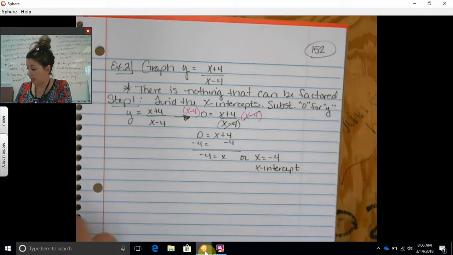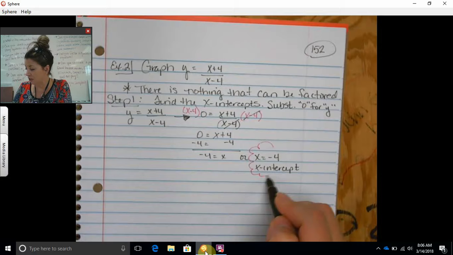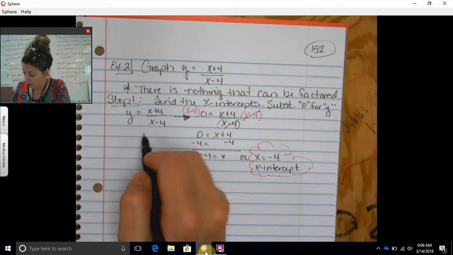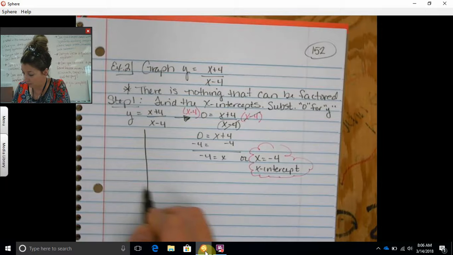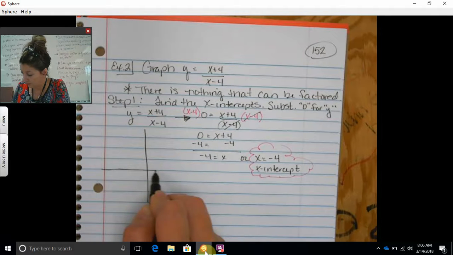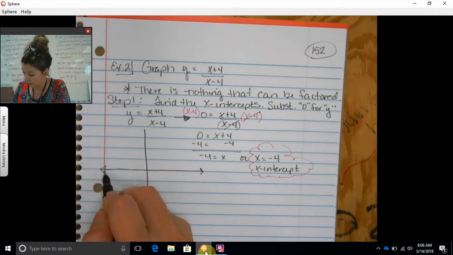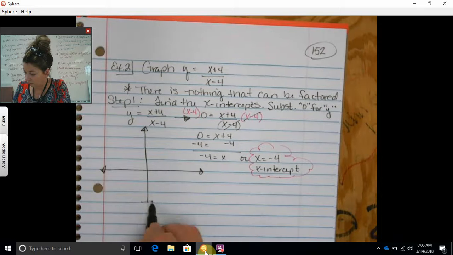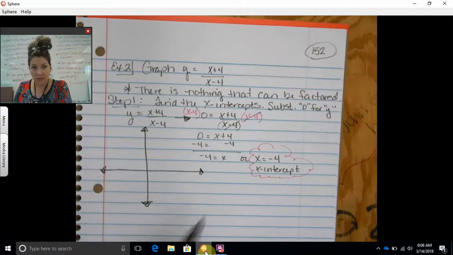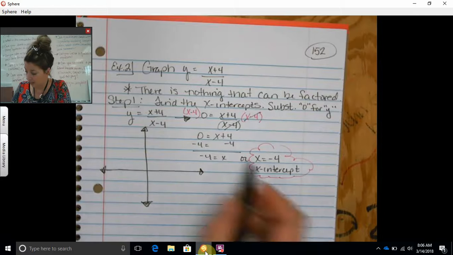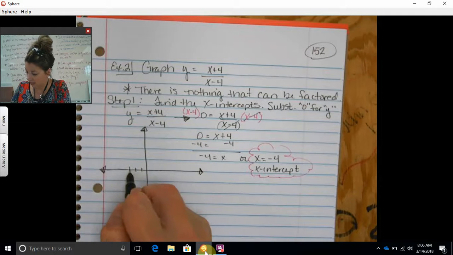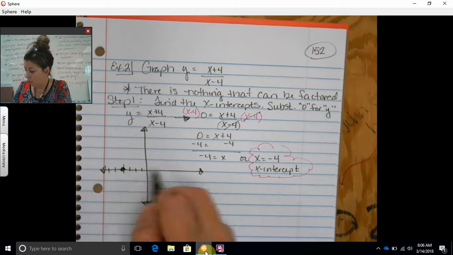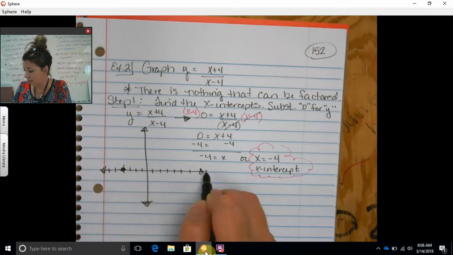I'm going to go ahead and sketch a graph in now so I don't run out of room. My x-intercept is on the x-axis at negative 4. This time I only have one x-intercept.